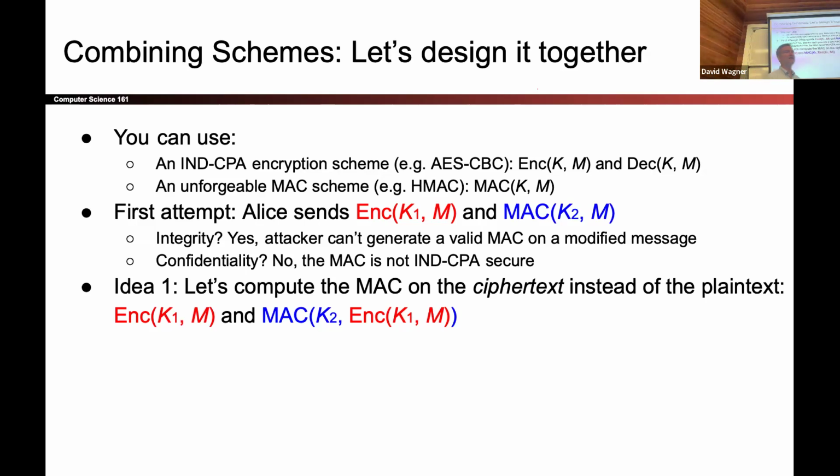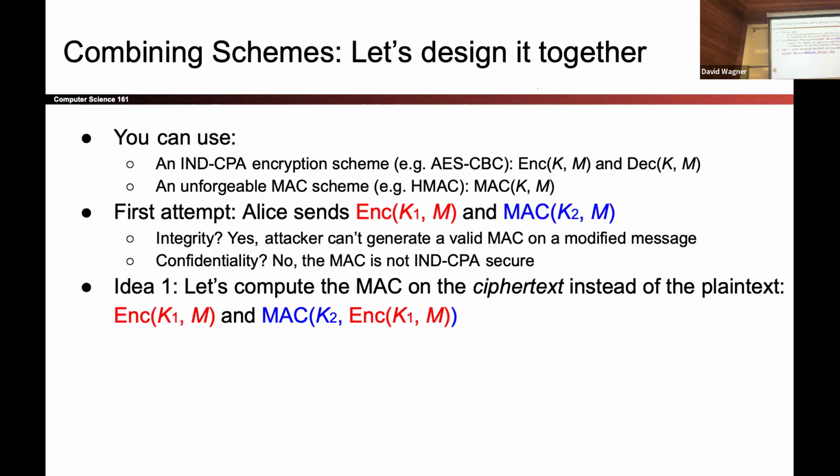Does this provide integrity? All right, how many say yes, it provides integrity? And how many say no, it doesn't? All right, a few yeses. Do those who said yes want to help out the rest of the folks in the class to understand why?